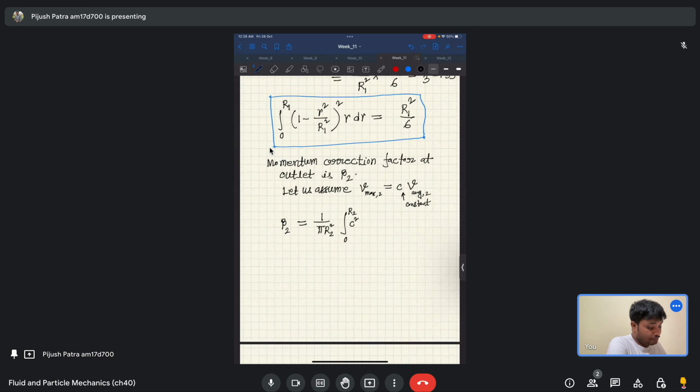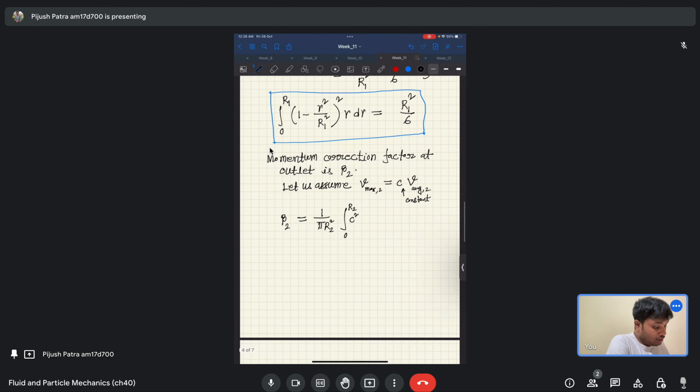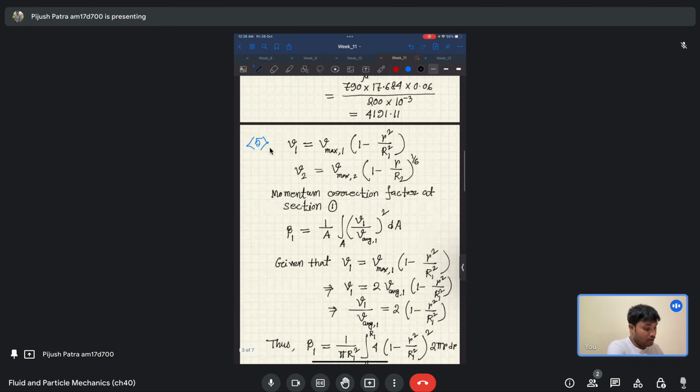So this will be 1 minus small r by capital R2 the whole to the power 1/3. That is the actual velocity profile.